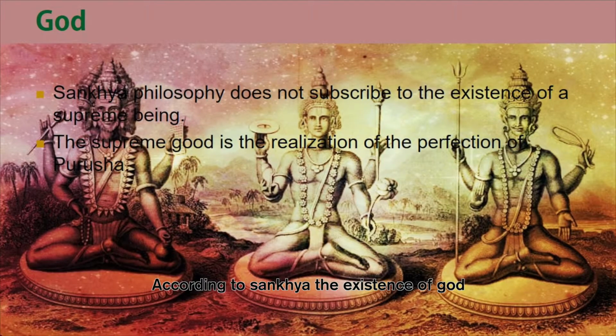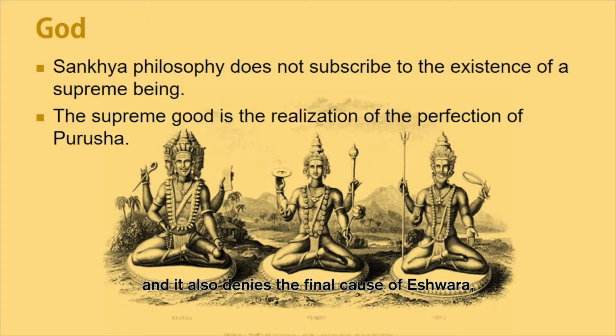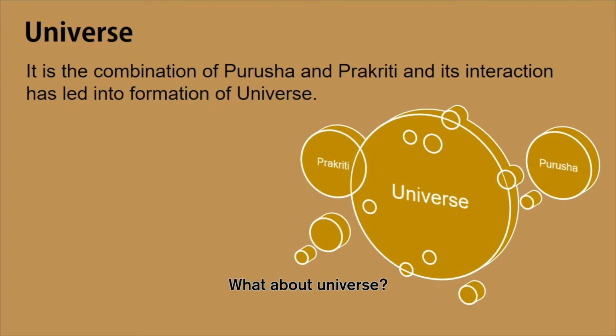According to Sankhya, the existence of God or Supreme Being is not directly asserted nor considered relevant by the Sankhya philosophers. And it also denies the final cause of Ishvara. The final cause of the creation of this world by Ishvara is also not accepted in the Sankhya. What about universe?